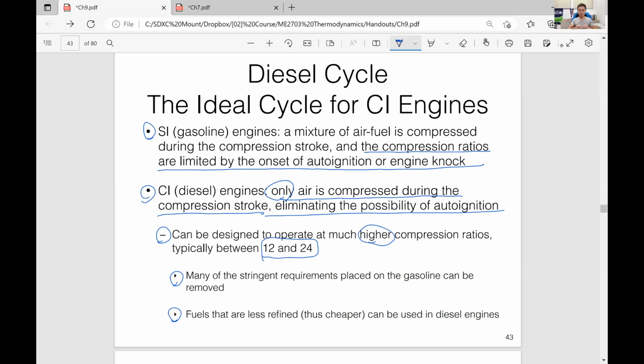Only large vehicles, trucks, buses, or some special cars that need very strong power are usually diesel engines. But diesel engines do produce a lot of pollutants that are more toxic, because the fuel is less refined.